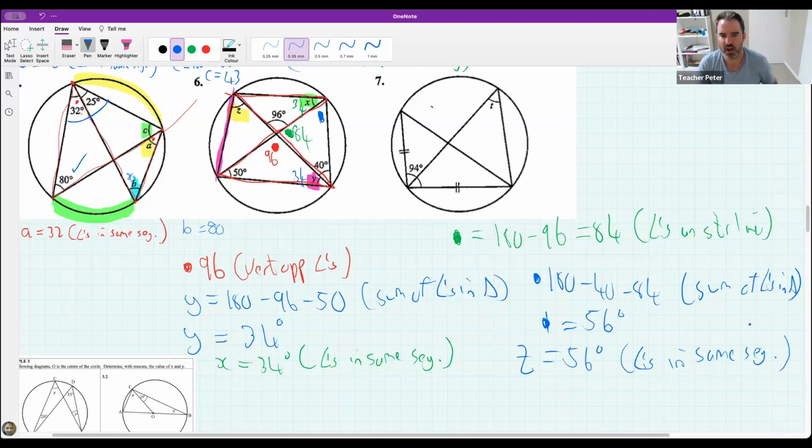I'm curious to know how well we got that one. So give me a score out of 10 for number 6 in terms of your understanding. 0 is no understanding, 10 is perfect, 5 is like, I sort of know what's going on, but still feeling a bit unsure. Give me a score out of 10 so I know how my students are feeling and doing.